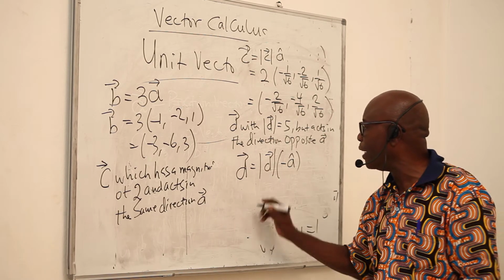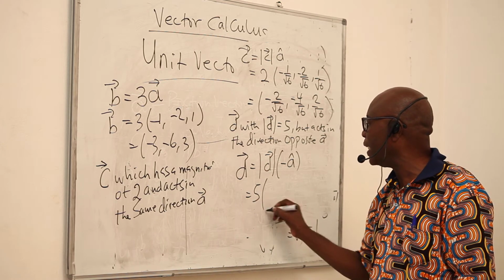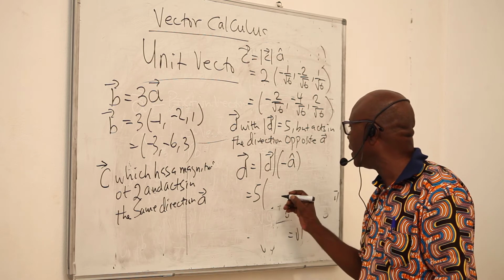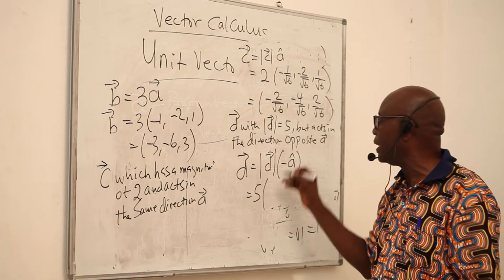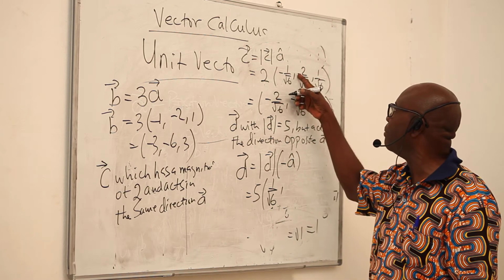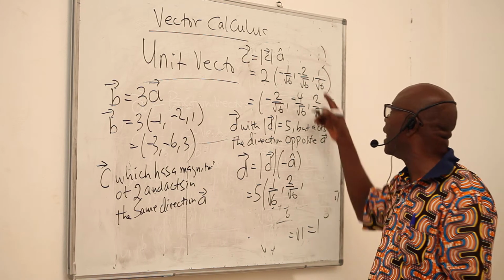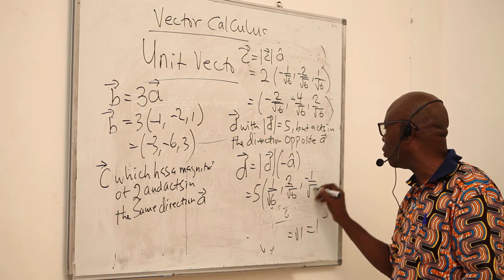So when we put the values, magnitude of vector D is 5, and then negative A. Negative A will give us, negative times negative will give us positive, 2 over root of 6. And then negative times 1 will give us negative 1 over root of 6.